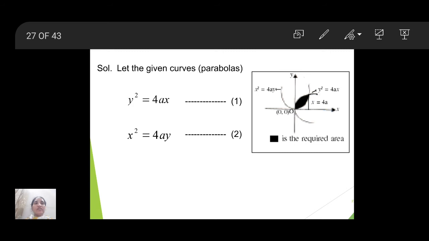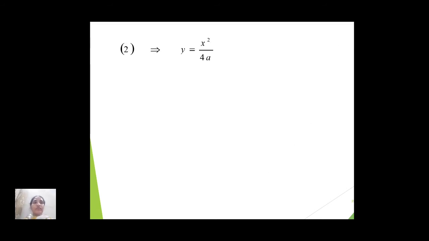For the limits, we have to solve these two equations. Then from the second equation, we get y equal to x square by 4a. In the first equation, we will substitute the y value.